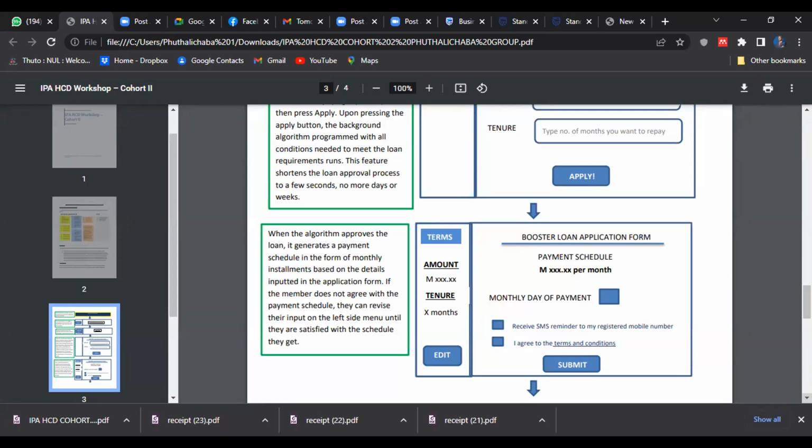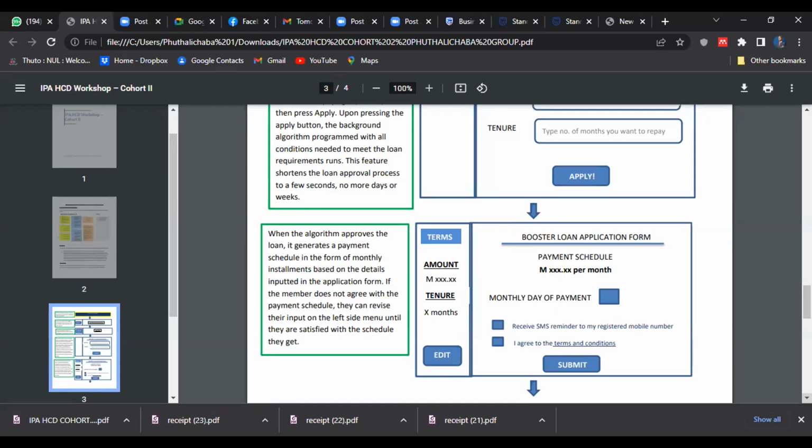This payment schedule is a kind of loan amortization schedule that will show you that for the amount that you have applied for, and for that period, if we put our interest and our other charges like service fee and insurance, you will pay equal amounts in this manner. It will show you from the first payment for the first month up to the 8th month, reducing the loan principal and showing all that calculation.